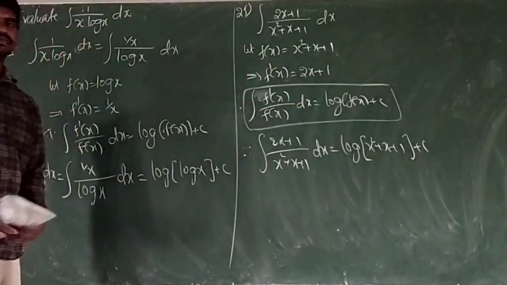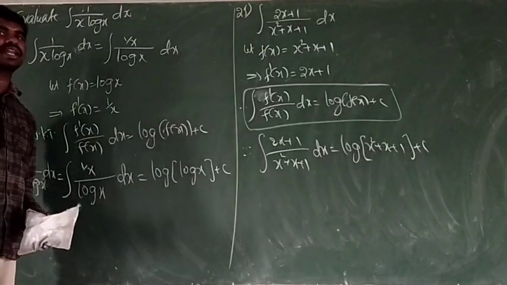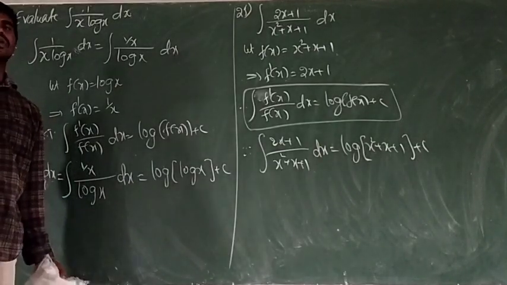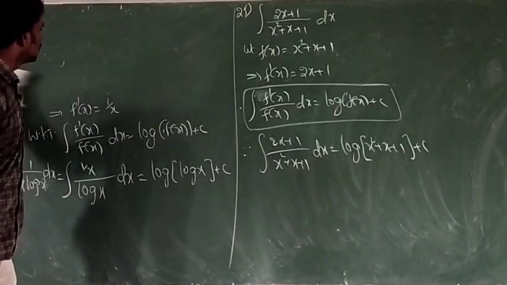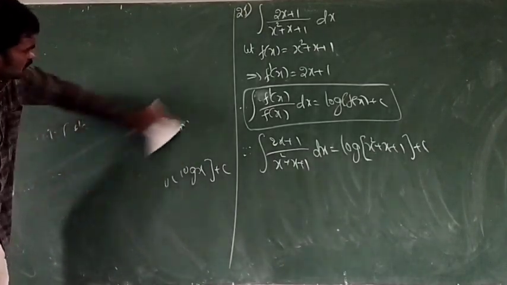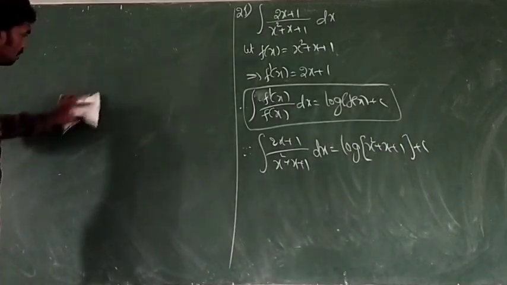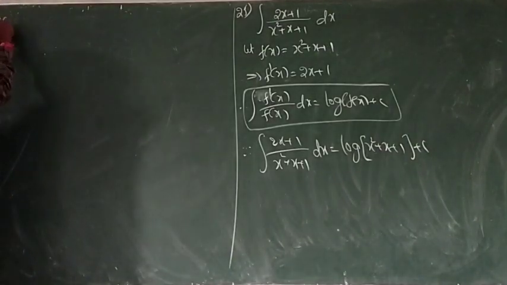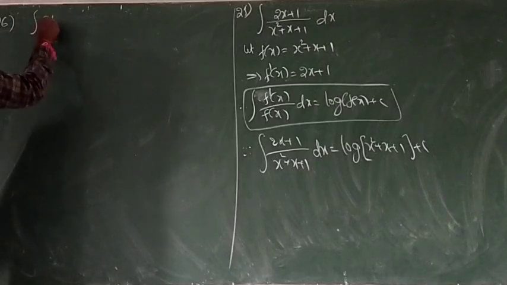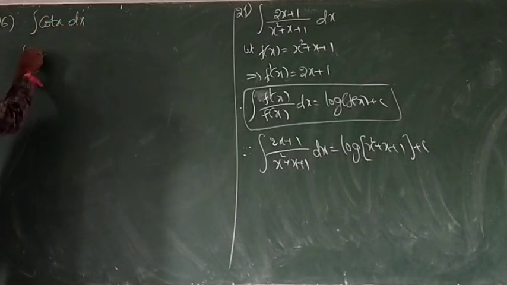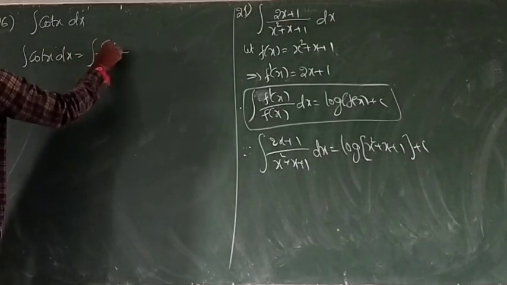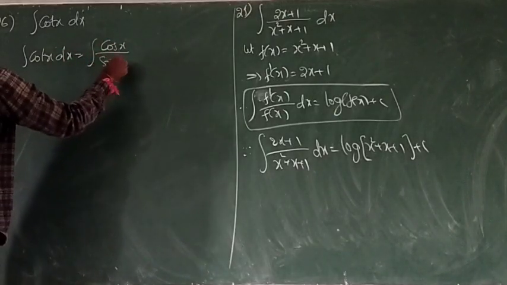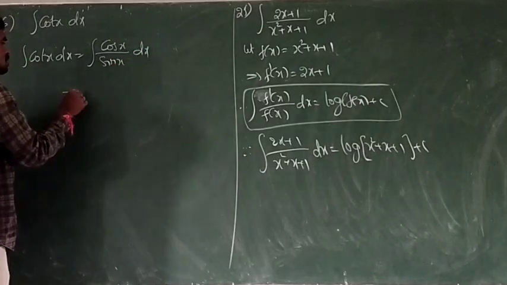Now what about the integration of tan x, and the integration of cot x? So listen, first I will tell you the integration of cot x, only 2 steps. Integration of cot x, very simple. Cot x means cos by sin, cos x by sin x dx.